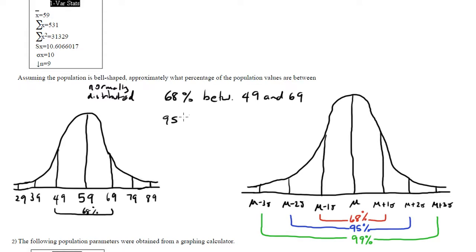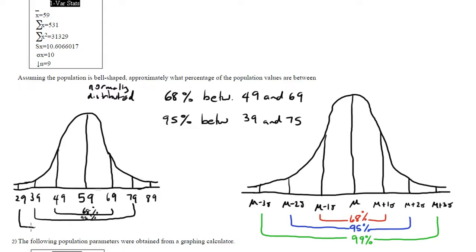About 95% are between 39 and 79. That's 2 standard deviations below, 2 standard deviations above. So that's about 95% between 39 and 79.